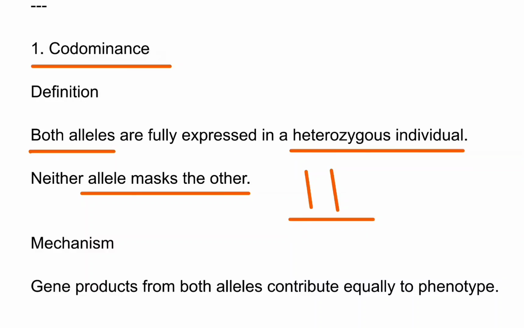Mechanism: gene products from both alleles contribute equally to phenotype. So they both show codominance.